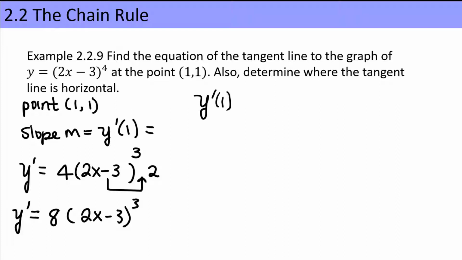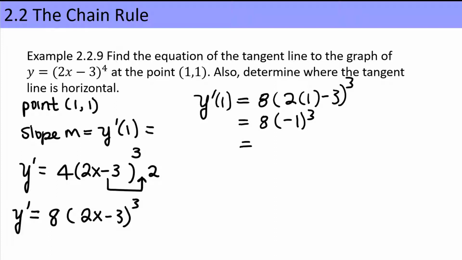That is, y prime at 1 will be 8 times the quantity 2 times 1 minus 3 to the power of 3. That's 8 times 2 minus 3, which is negative 1 cubed, and if a negative is raised to an odd number, it remains negative, so the slope, m, is negative 8.